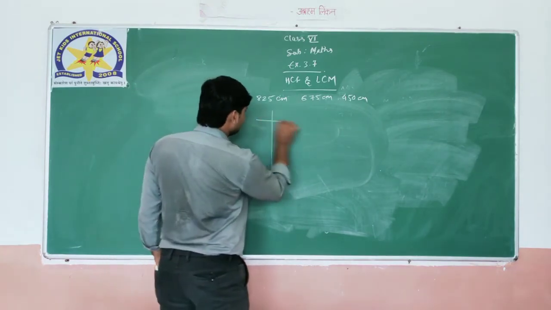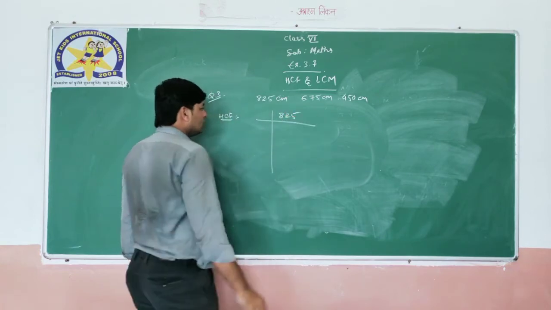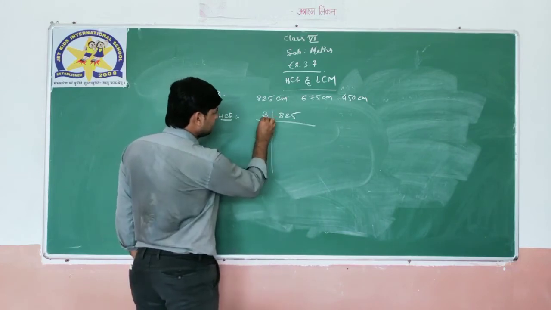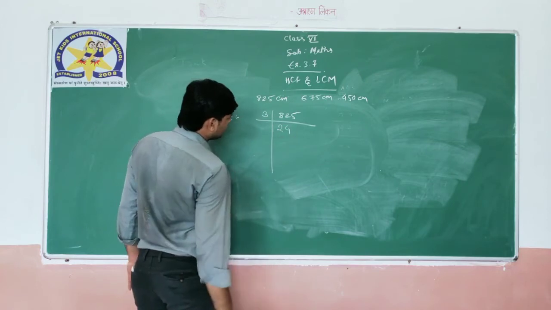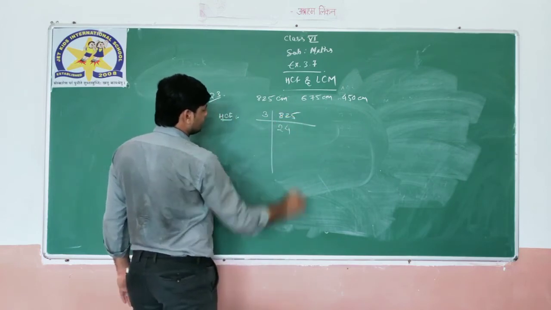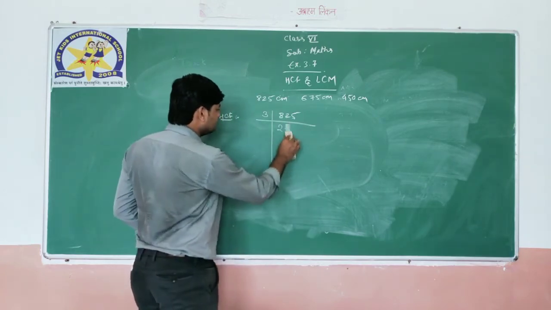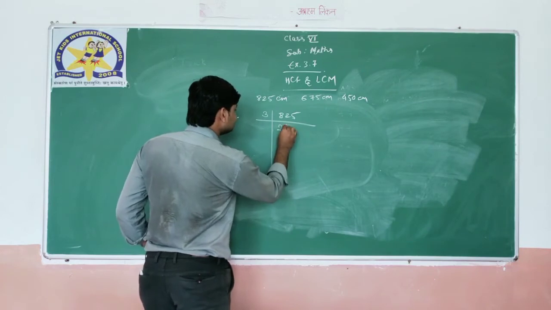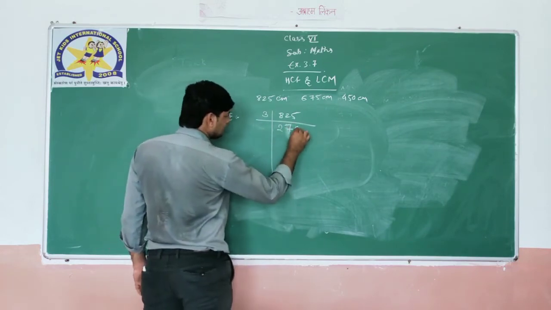Okay, so in the same way we are going to find out 825. Okay, first not divisible by 2, divisible by 3. 3 2s are 6, 3 7s are 21. Then 3 5s are 15.